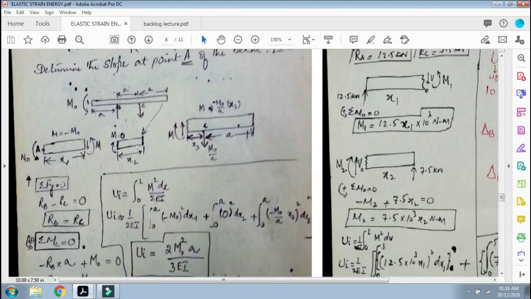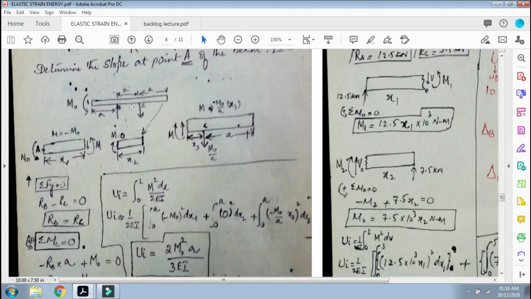So now you apply these internal moments in the internal bending strain energy equation, M square dx upon 2EI, and remember each distance is a; all these distances are equal to a. So 1 upon 2EI, integral 0 to a, minus M naught square dx1. What about the second one? Zero, the whole square dx2.